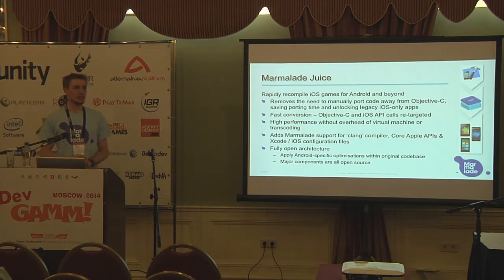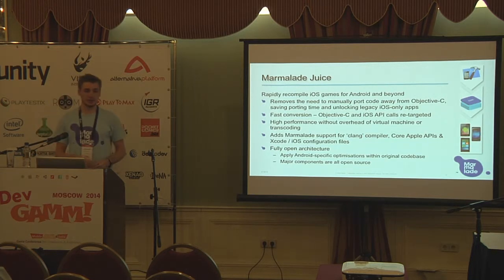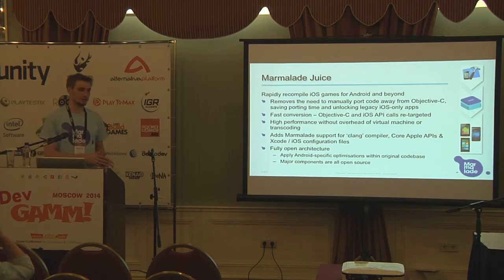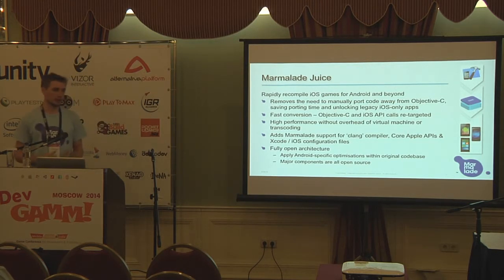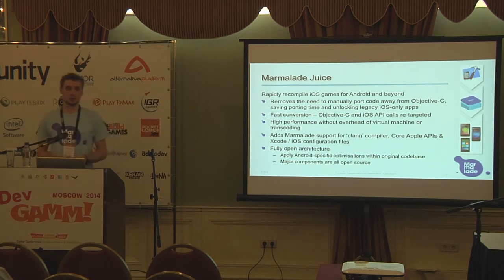So we decided, what if we enable our customers to port their games created for iOS with native tools, with Objective-C, with Foundation classes, with UIKit, with Cocos2D iPhone, which is written in Objective-C as well. This is the list of the most popular tools for creating native games.